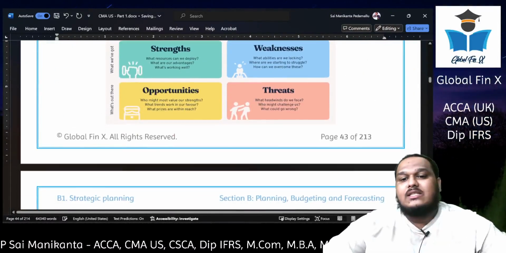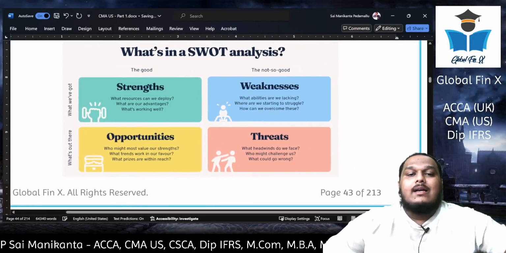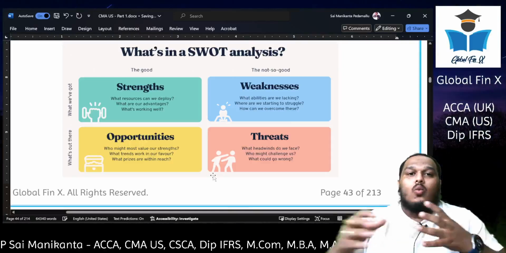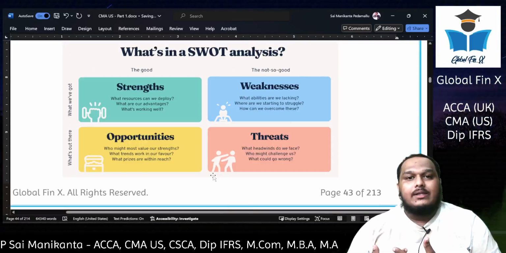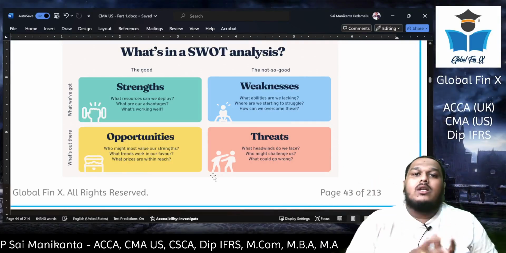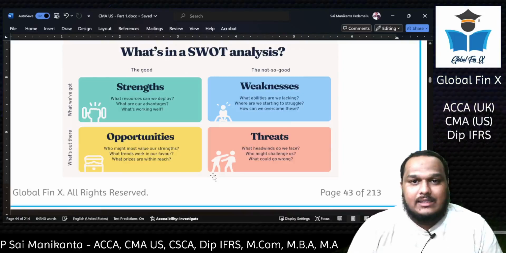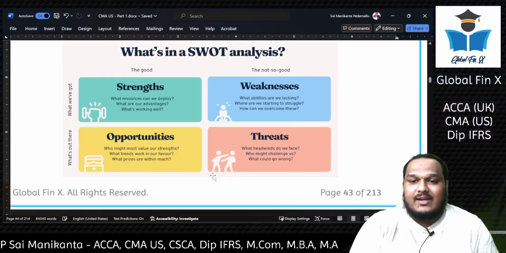If I go to this diagram in your material: what are my strengths? What are my weaknesses? These are our internal aspects. Externally, what are the opportunities present in the market and what are the threats present in the market? Those are my external factors.